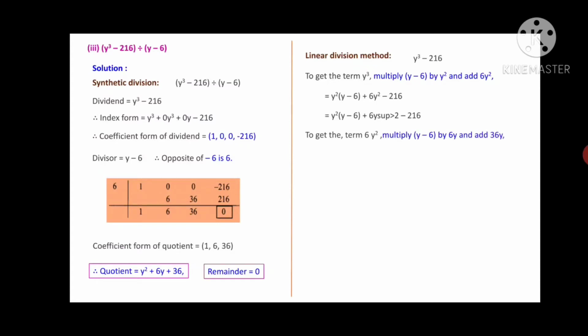To get the term 6y square, multiply by y minus 6, this 6y, and add 36y. So y square into bracket y minus 6 plus 6y into bracket y minus 6 plus 36y minus 216.